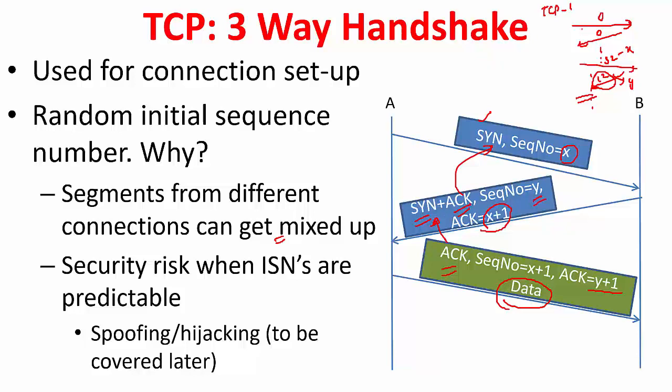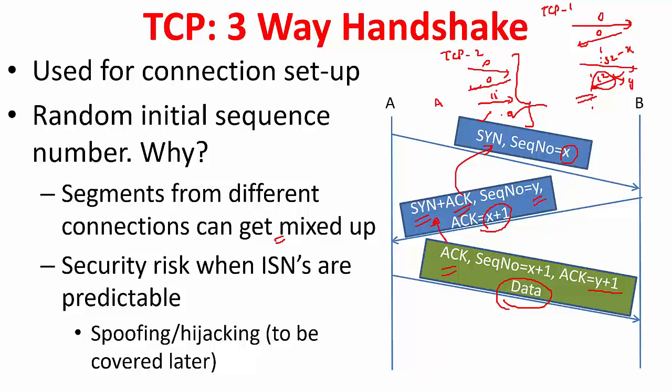Right after this connection, let's say they started another TCP connection and again did this 0, 0 and then maybe they are now at 11, and this packet from the past now comes to A. In which case there is a danger that it may consider this as part of this connection because the sequence number belongs in this space.